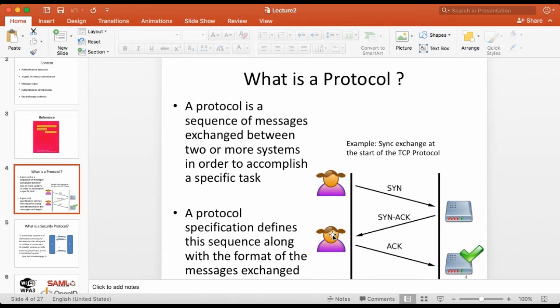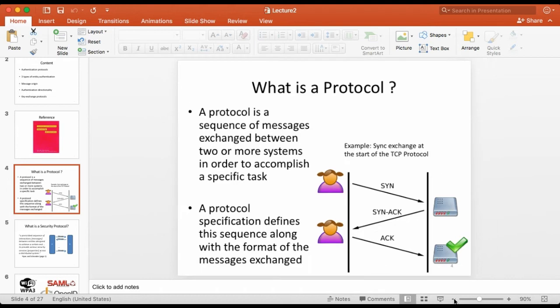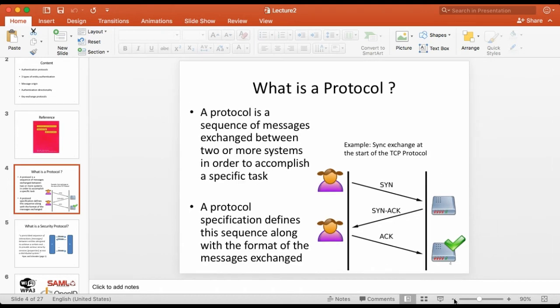Essentially, a protocol is a sequence of messages that are exchanged between two or more systems or people or entities or agents in order to accomplish a particular or specific task or goal. So it's essentially a predefined or prescribed sequence of messages which takes place between two entities in order to achieve a particular task or goal.